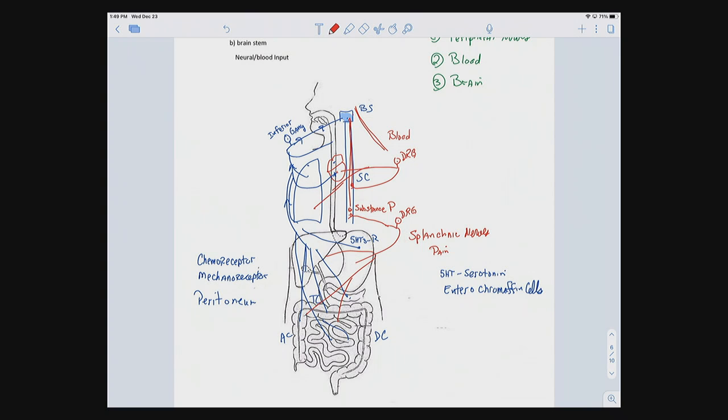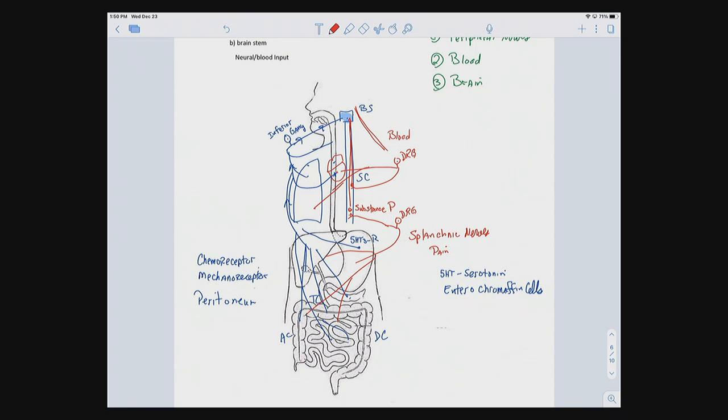But any type of toxin, any type of molecule out there that could cause an ill effect on the body could be in the bloodstream, and so the blood will actually be carried to the brainstem and allowed to interact with certain neurons in the brainstem, and if the neuron sees those molecules, it can affect nausea and vomiting.